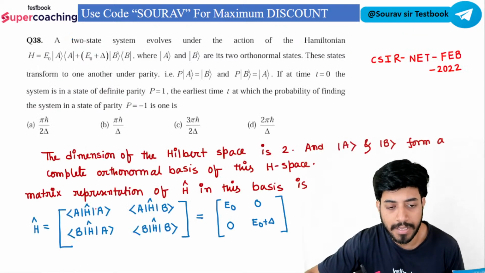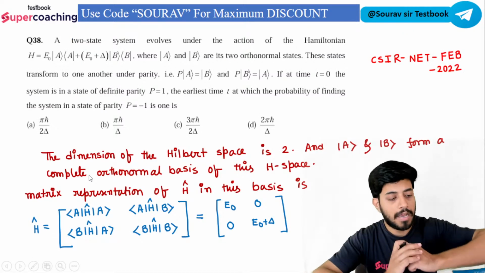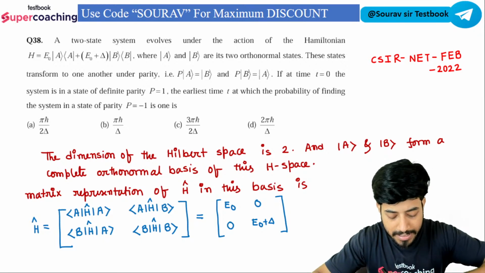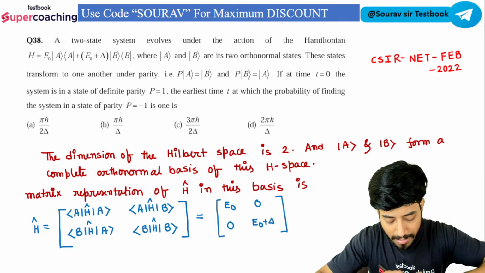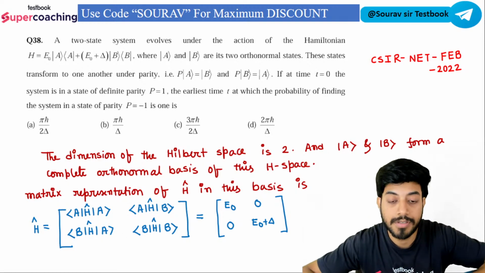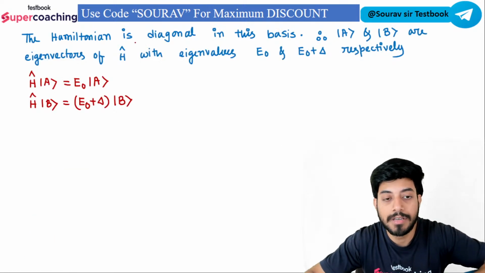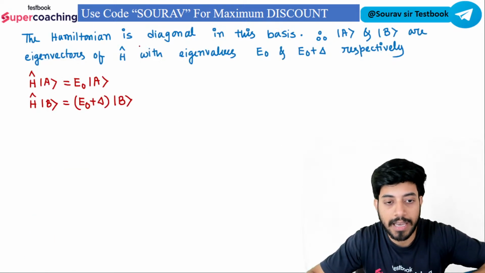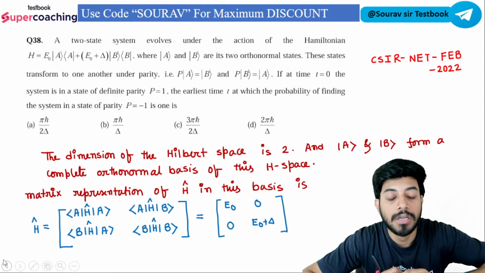We know that if you represent a Hermitian matrix in its own eigenbasis, it becomes a diagonal matrix with the diagonal elements as its eigenvalues. So, well, of course, Hamiltonian is diagonal in this basis, so A and B are the eigenvectors of which with eigenvalues E naught, E naught plus delta respectively. Good.